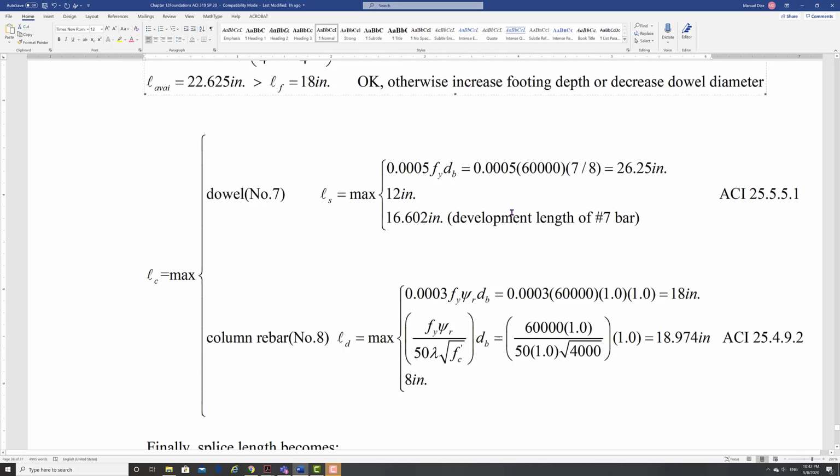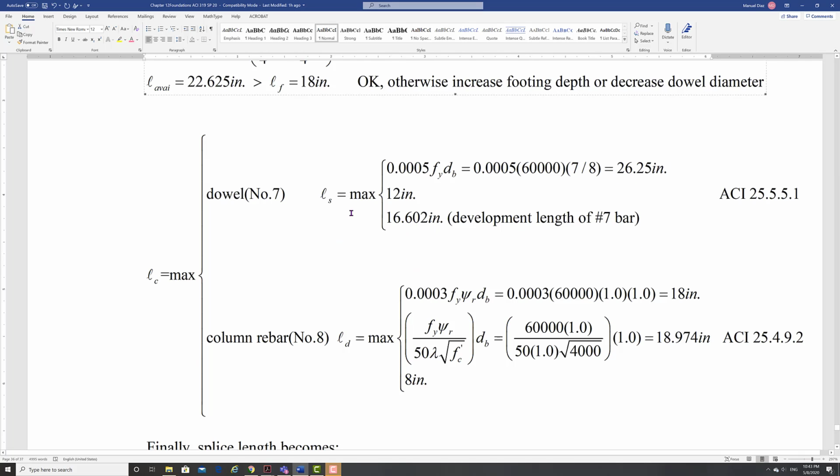We had to do all these formulas. The number 7 gets all these formulas from the development length that we did, and this one is the development length of a compression bar, the number 8 bar. Now you check all these numbers, and whatever is the largest, that's the one that controls. So in this case, 26.25 controls.